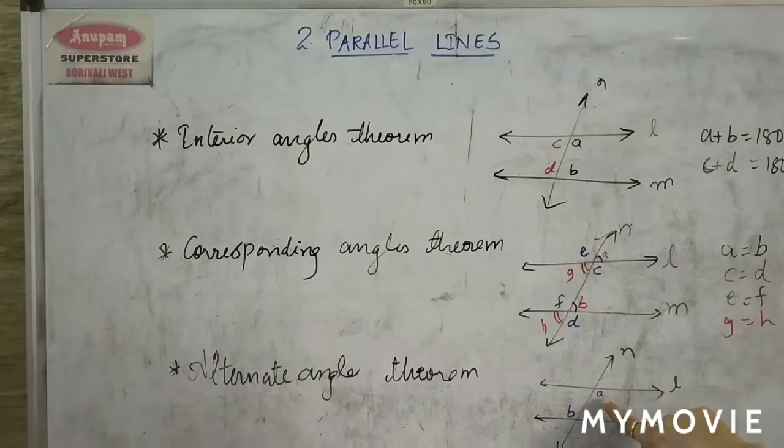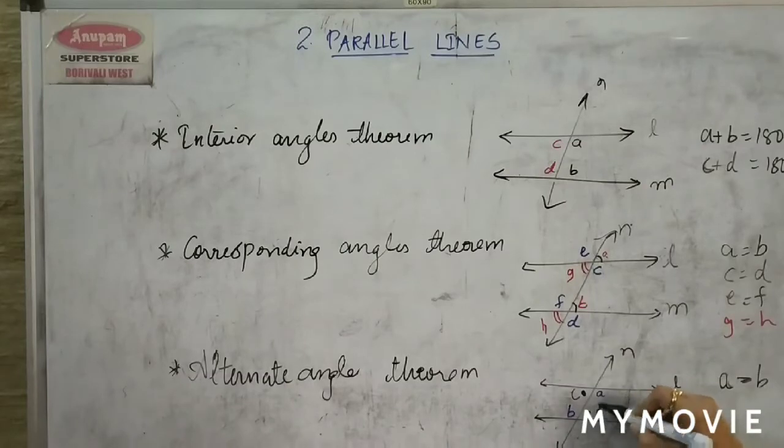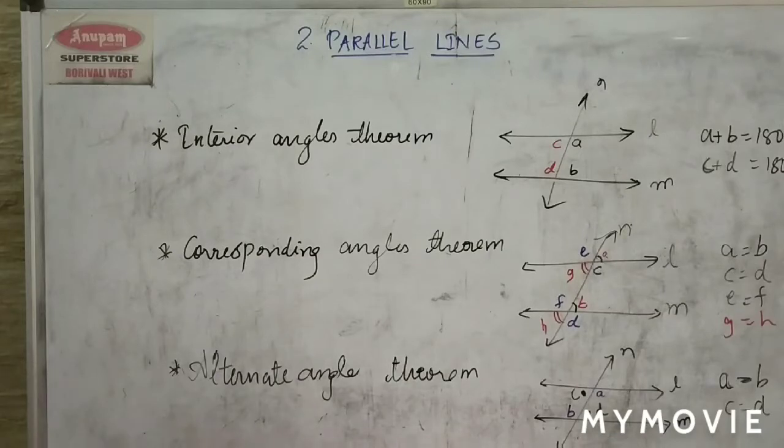On the inner side, on the right hand side we have angle A, whereas on the left hand side here we have the angle B. We will consider angle A and angle B as alternate angles, and according to the alternate angle theorem, A will be equal to B. Similarly, there will be one angle here, say C, and one angle here which will be D. So in this case, C is going to be equal to D. So this is what our alternate angle theorem says. The only addition that we find is in the interior angles theorem. So if you know these three properties, we can easily solve practice set 2.1.